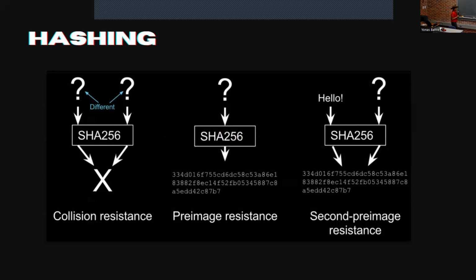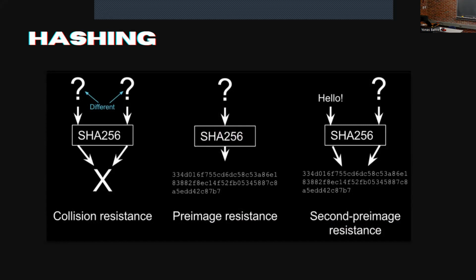First thing is collision resistance. The likelihood that two different pieces of data produce the same hash has to be low. It's not possible to have no collisions because 256 bits can only store limited data. But if it's uniformly distributed, if every hash has an equal chance of being picked, then we would have a low chance of collision.